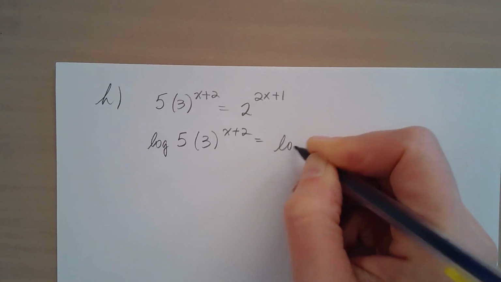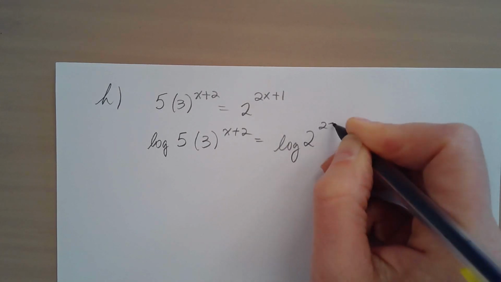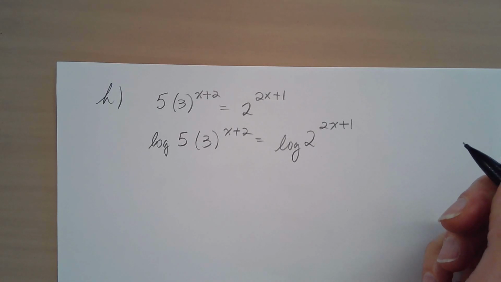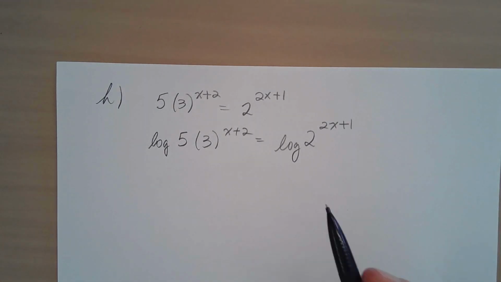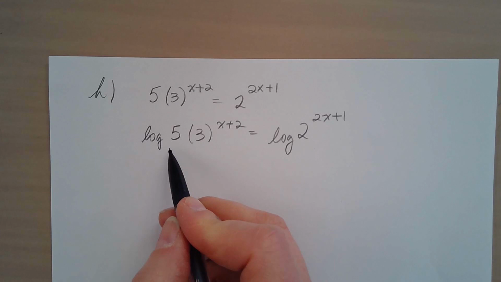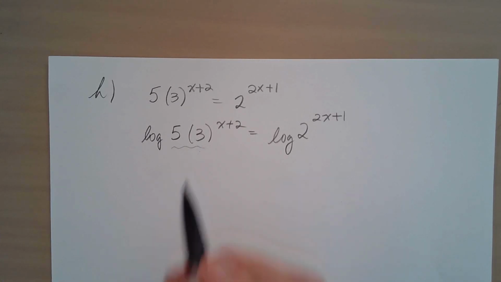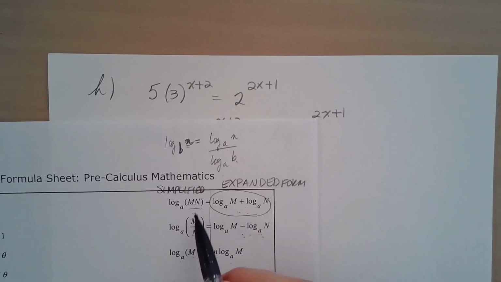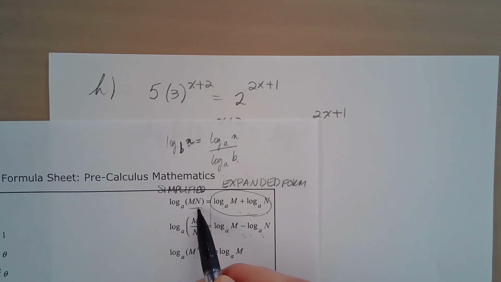Okay, so I have to log both sides to release those exponents. But this extra coefficient creates a problem. Because if you look closely, look what you have here. You have this 5 and 3 actually is the mn situation here.